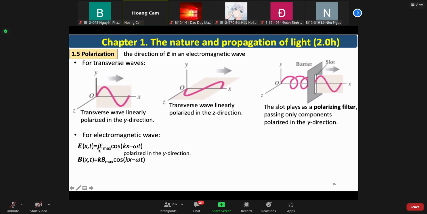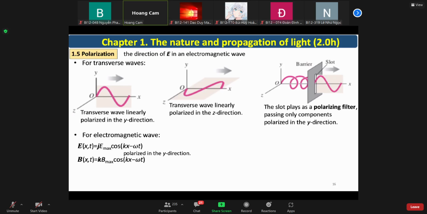Pay attention, because here you see the direction of the oscillation is along j, and x is the direction of the propagation of the wave. So this is the main message I want to tell you for the concept of polarization of light. It is defined by the direction of the vector electric field. Why don't we use the magnetic field to identify the polarization?